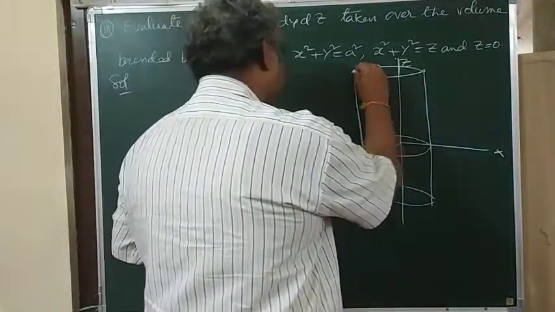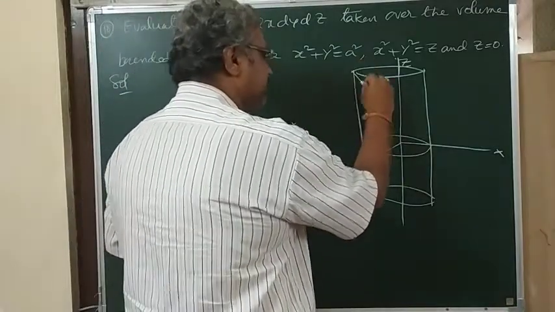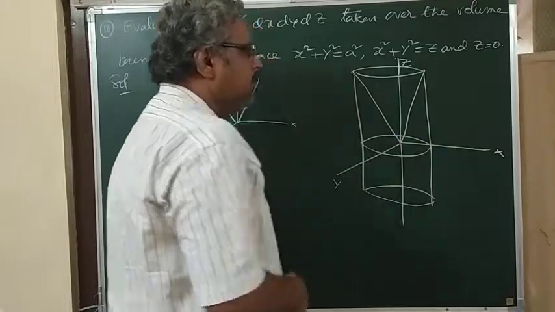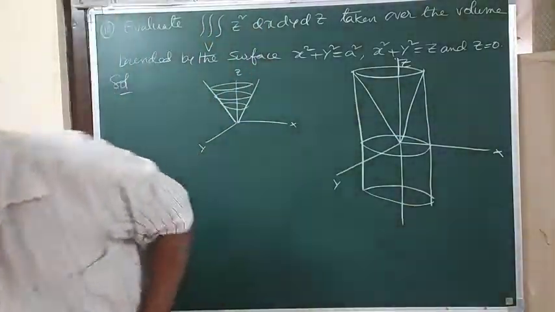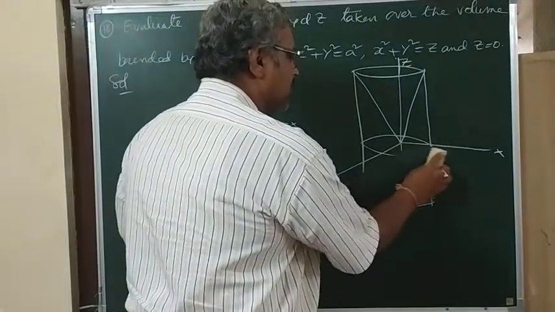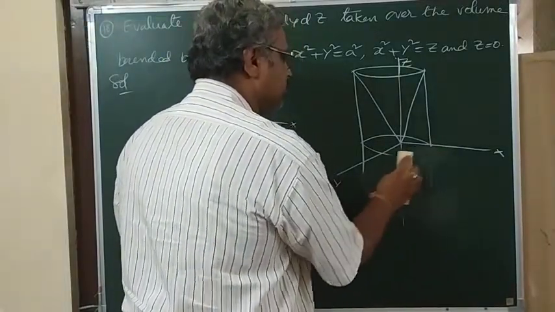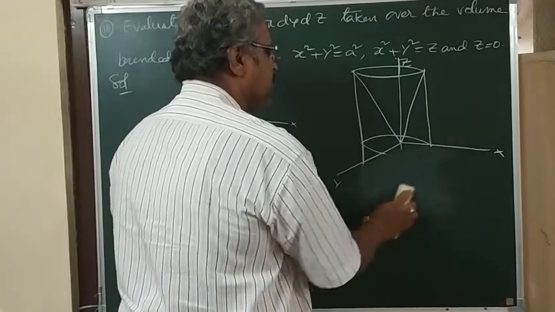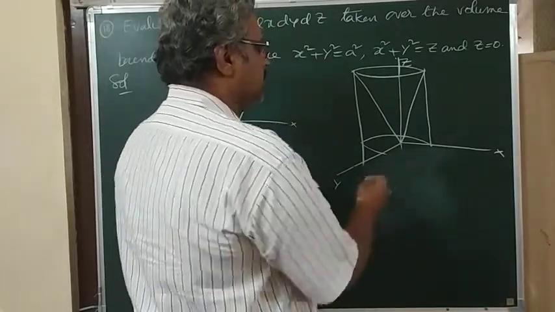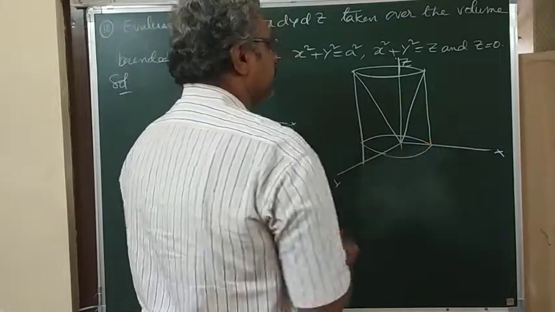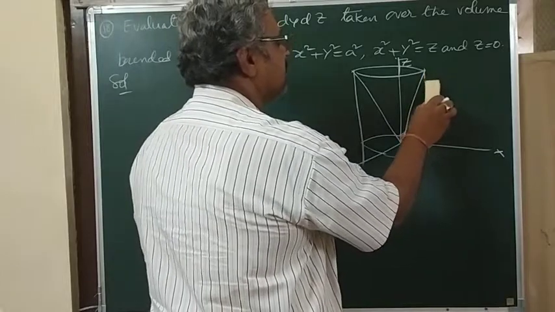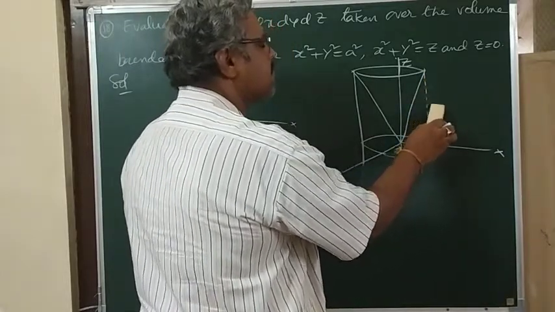Okay. Now I will join here, and also I will erase the unnecessary part. It represents a circle. Okay. And I will take some dotted lines.